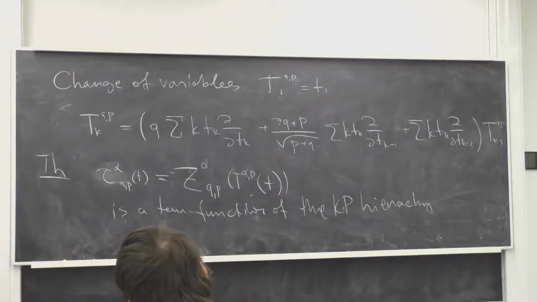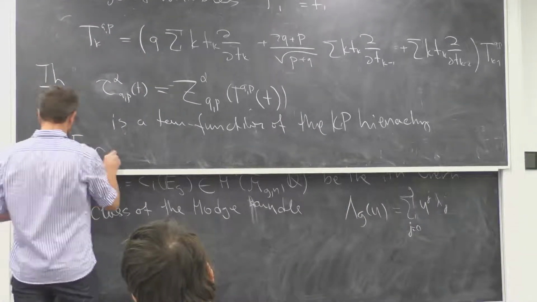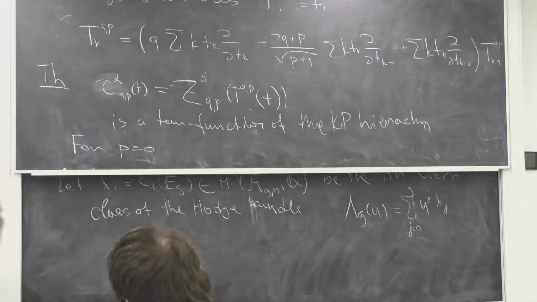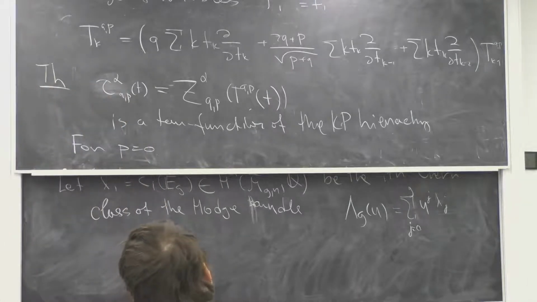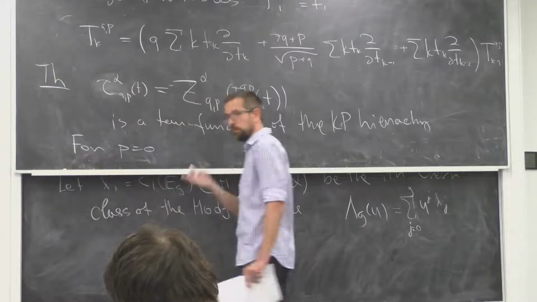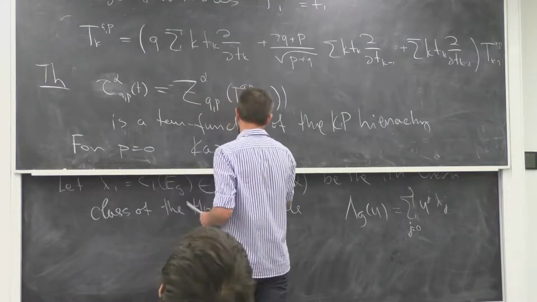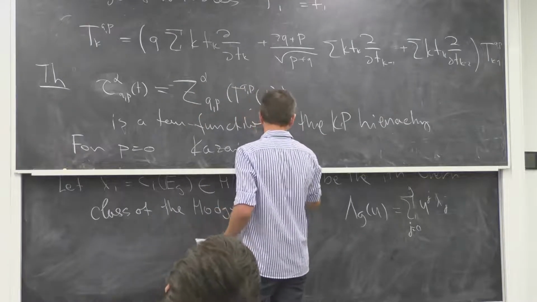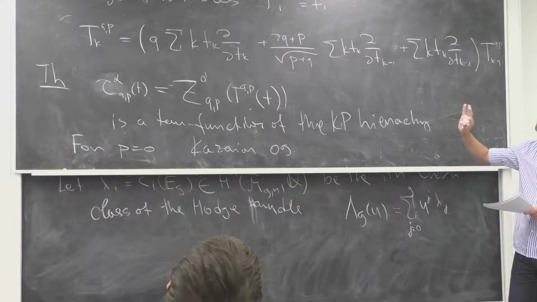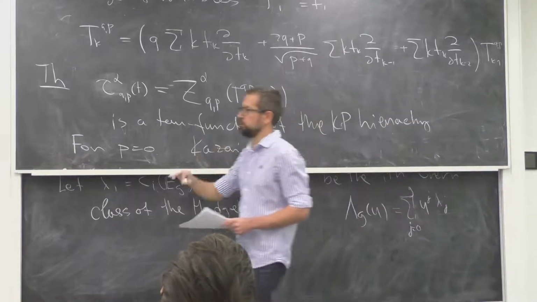And for p equal to 0, when we have only one Hodge class, it's a result of a simple theorem. And here is, I believe, the maximal generalization of this KP integrability of the linear Hodge integrals.